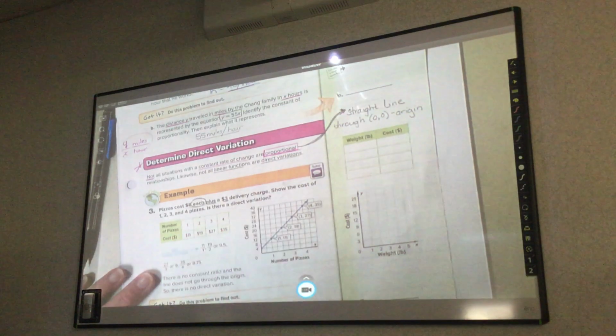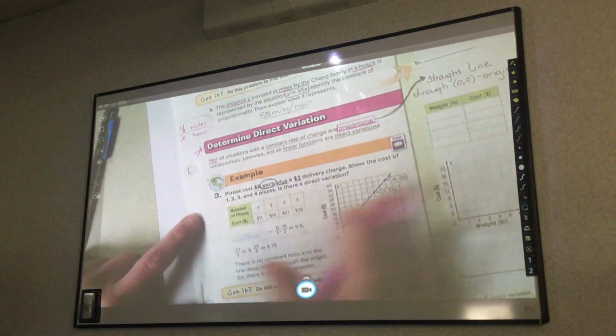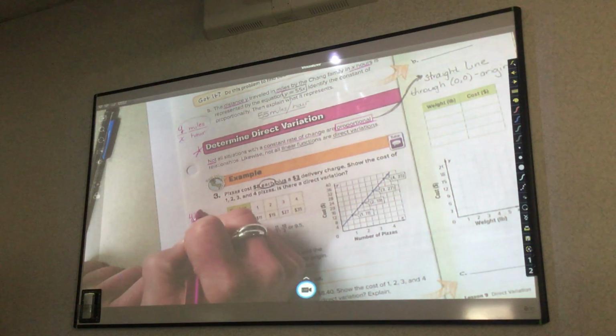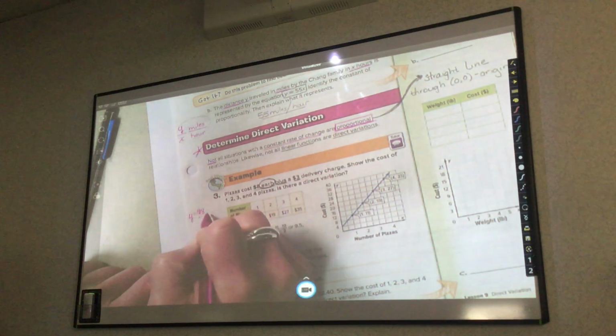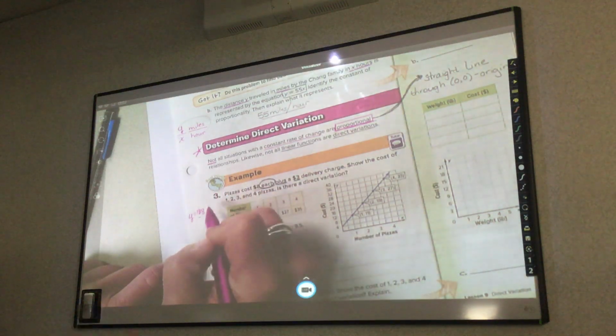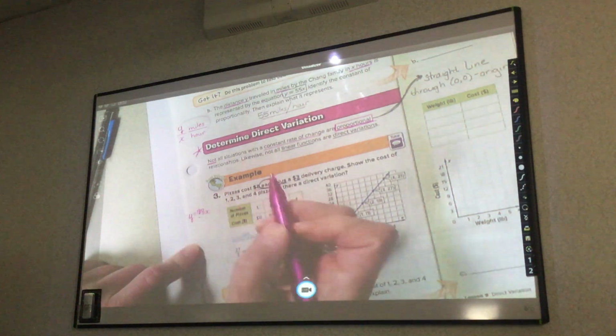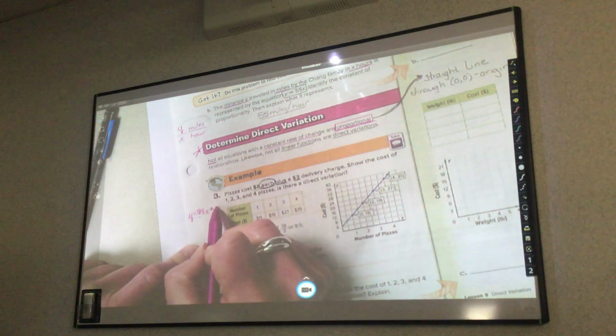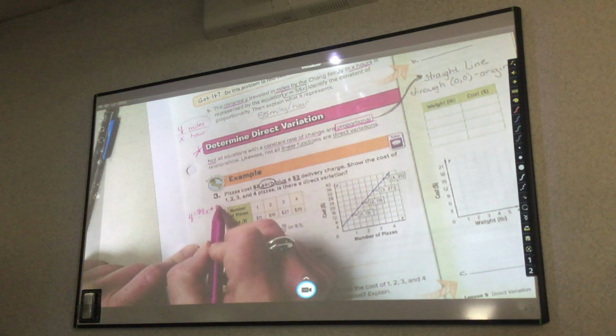Y is going to equal $8 times each pizza. Do I know how many pizzas I have? No. So that's an X. Then I'm going to add plus $3 for the delivery charge.